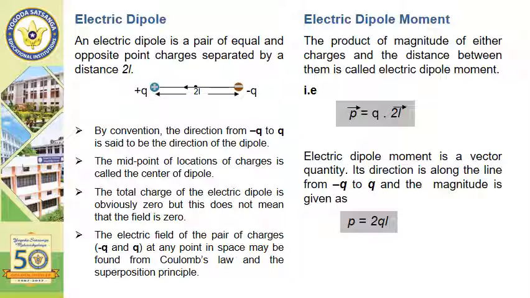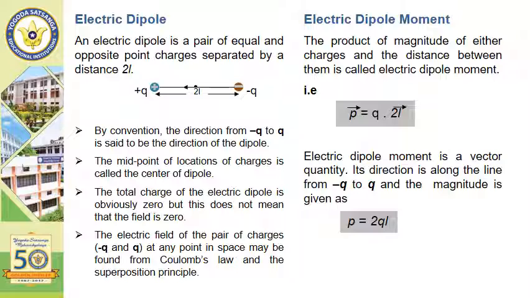In most molecules, the center of positive charges and the negative charges lie at the same place, and therefore their dipole moment is 0. However, they develop a dipole moment when an electric field is applied, and those molecules are like carbon dioxide, methane, etc. In some other molecules, the center of negative charges and the positive charges do not coincide.